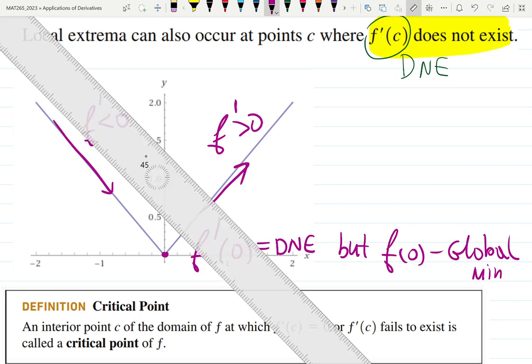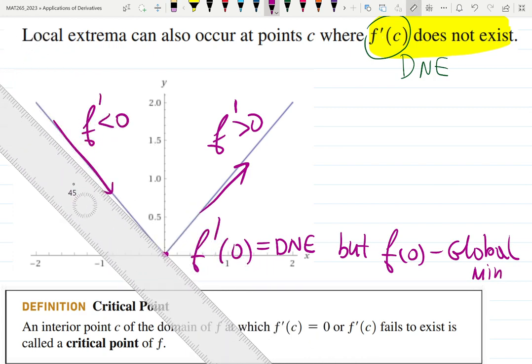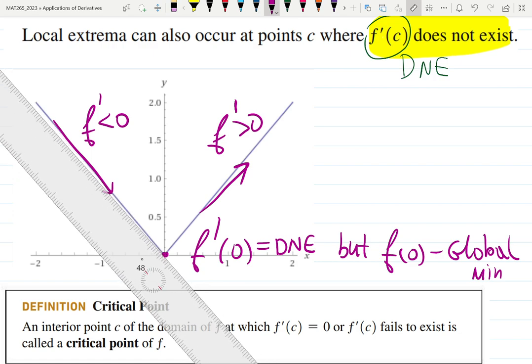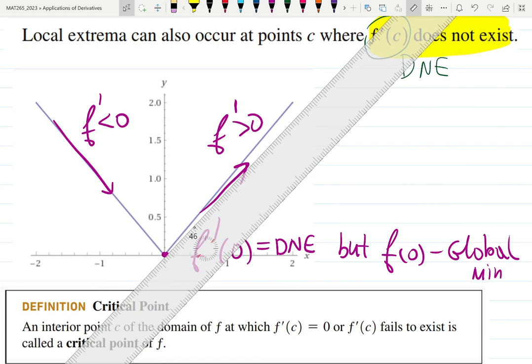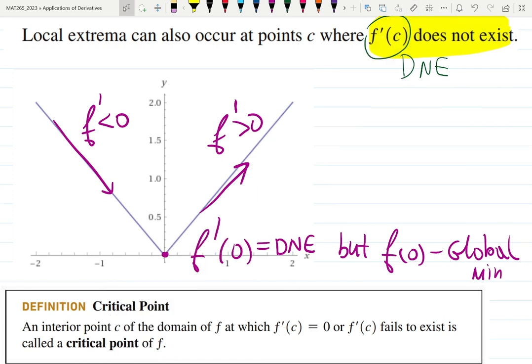I showed you with a ruler, or we proved it through the left limit and right limit. The slope on the left and the slope on the right changed way too fast. So something is happening at 0, and that's something we call a cusp, or sharp corner, basically. But it is a global minimum.